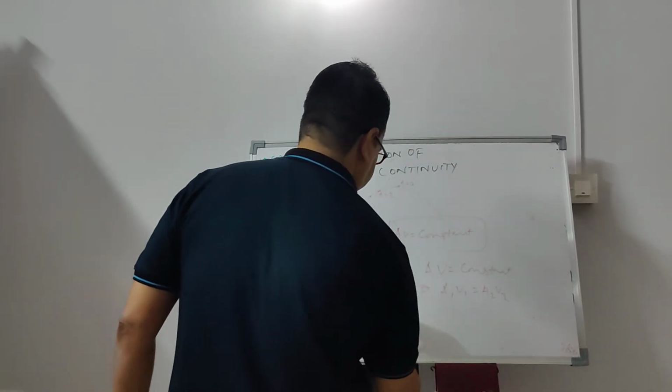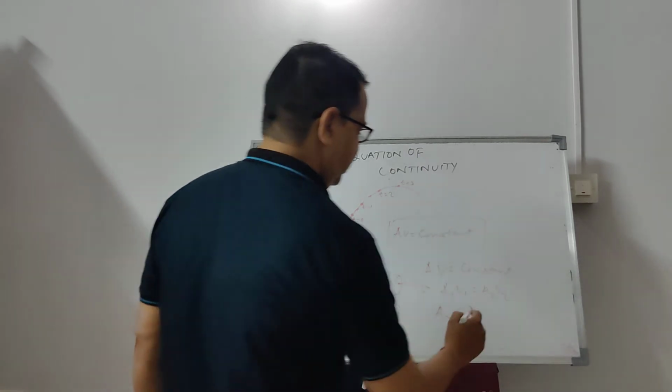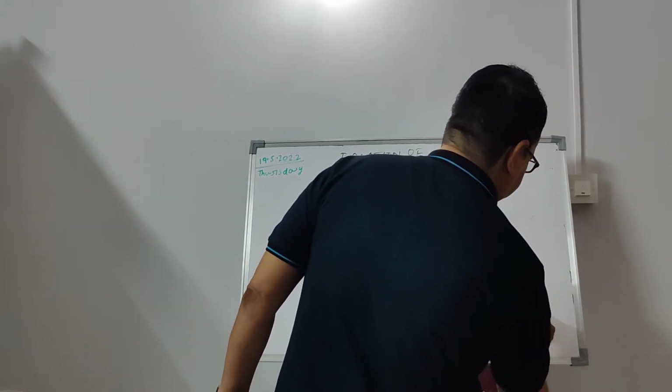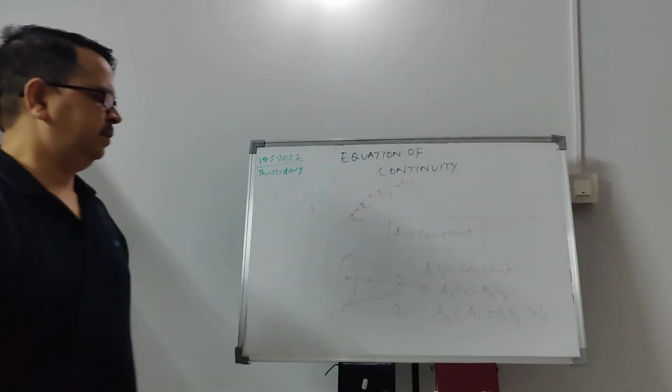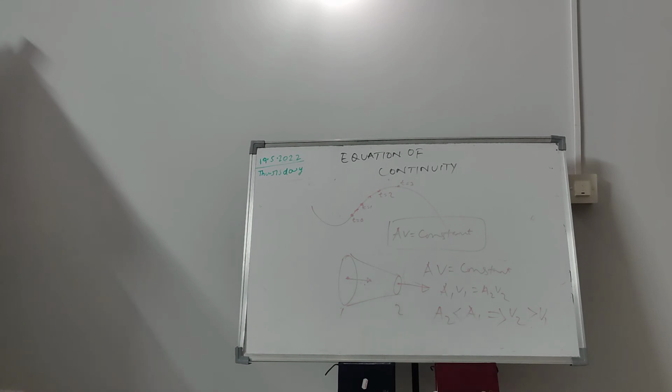Let us say this is 1, this is 2. So here you can see that A2 is less than A1, right? If A2 is less than A1, it implies V2 is greater than V1. That means if area decreases, velocity increases. This is a very, very important observation.